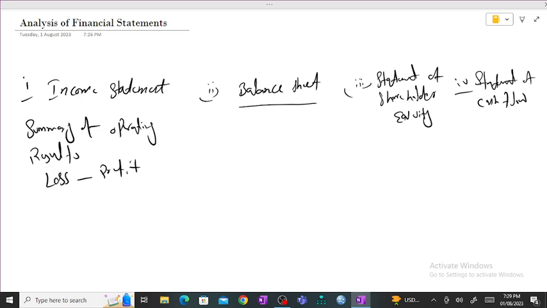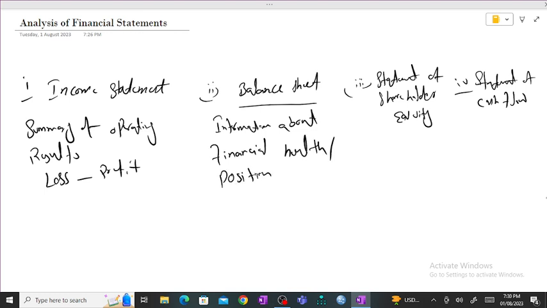So the balance sheet basically provides information regarding the financial position and financial health of the company. After reading the balance sheet, you will get a better understanding of how many assets, how many liabilities and how much equity that particular company has.